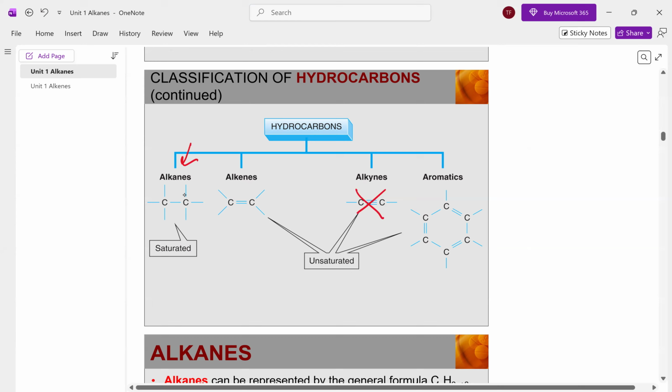If the molecule has only single carbon-carbon or carbon-H bonds, it's called saturated. We're going to get into this in lots of detail when we talk about fatty acids. There's saturated and unsaturated fatty acids. If it has a double or triple bond or aromatic, it's considered unsaturated. So the concept of saturation has to do with whether the hydrogens are located in the double bond or the triple bond. And we'll get into that again in a minute here.